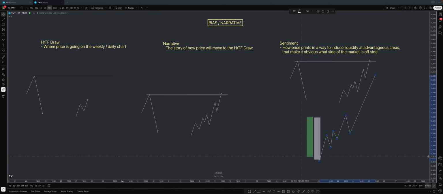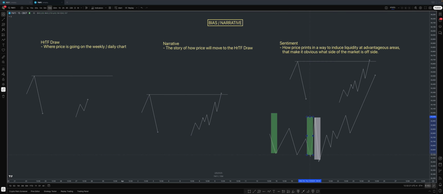So what you could see this as is maybe we already had some relative equal lows down here. So something along the lines of that, a really aggressive move back down, and then we take out that sell side and run up.